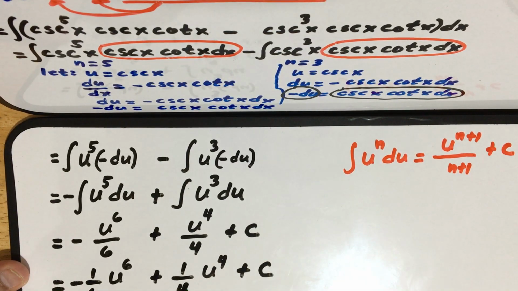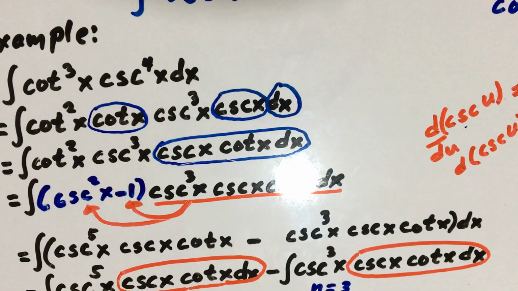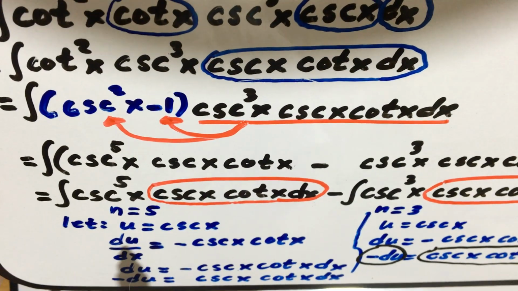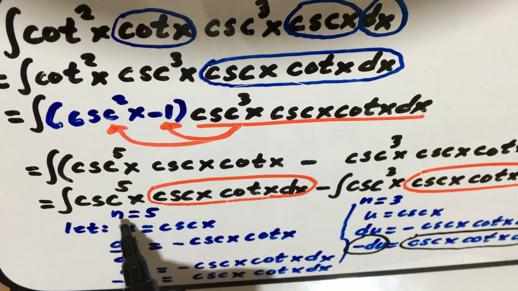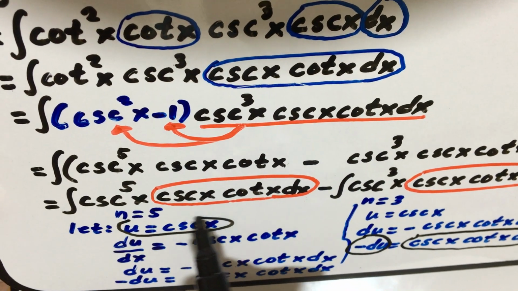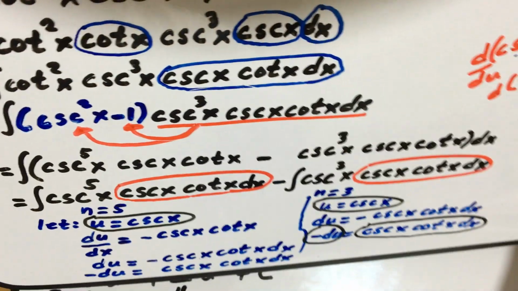Then substituting the value of u, what is our u? Our u is equal to cosecant x. And so do with this one here for the second term.